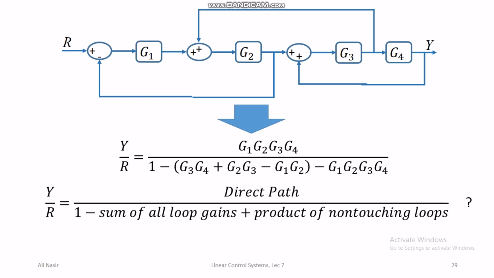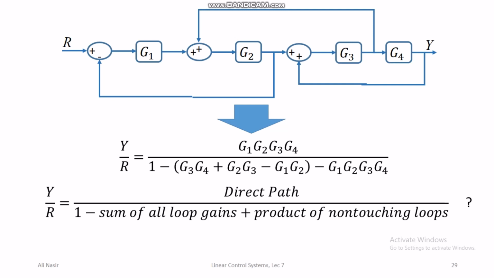So this formula, direct path over 1 minus sum of all loop gains plus product of non-touching loops, applies to block diagrams that do not have any non-touching loops too. If the block diagram does not have any non-touching loop, then simply the product of non-touching loops will become 0, and the formula will be reduced to direct path over 1 minus sum of all loop gains.